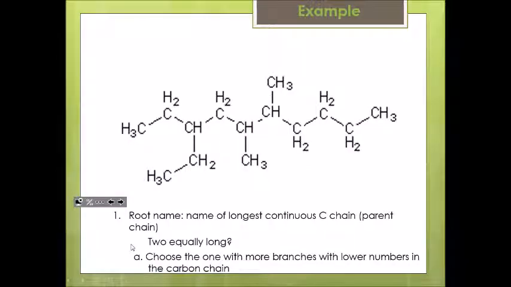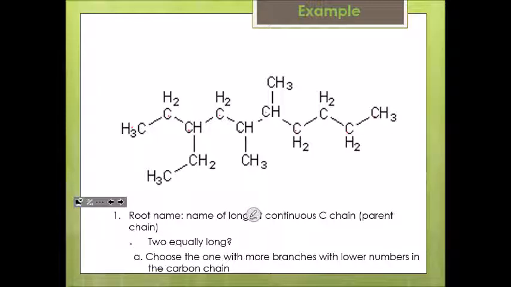So let's look at our big example here. The root name is the longest continuous chain, this parent chain. So you kind of have to start counting from any direction to figure it out. We're going to count here. I can go 1, 2, 3, 4, 5, 6, 7, 8, 9, 10. That's 10.